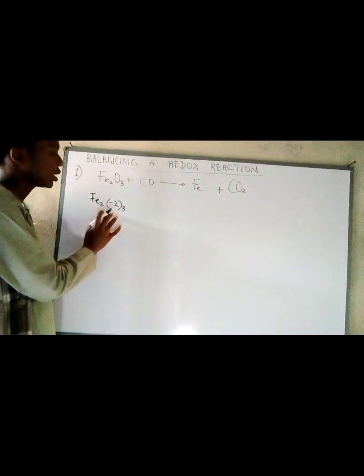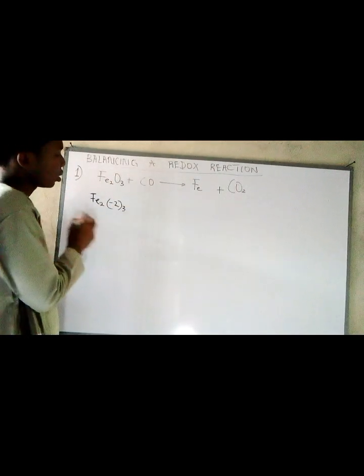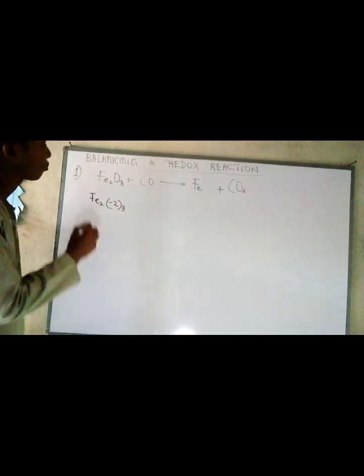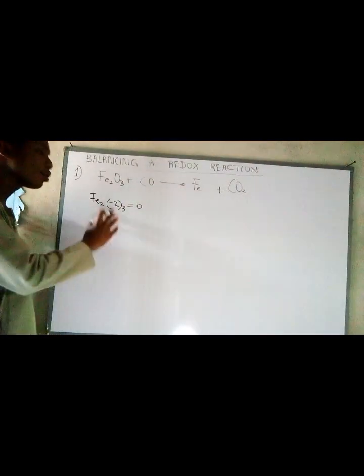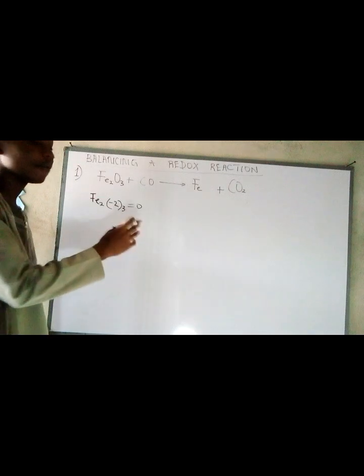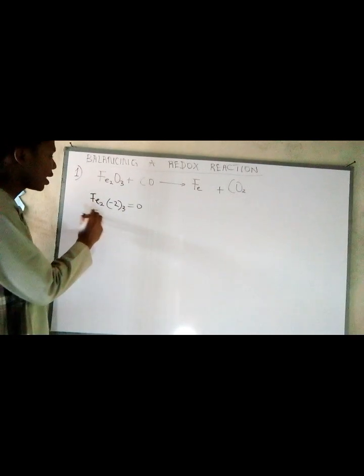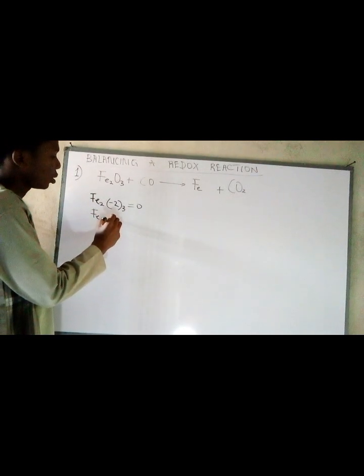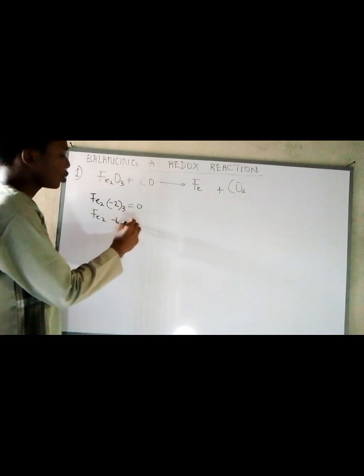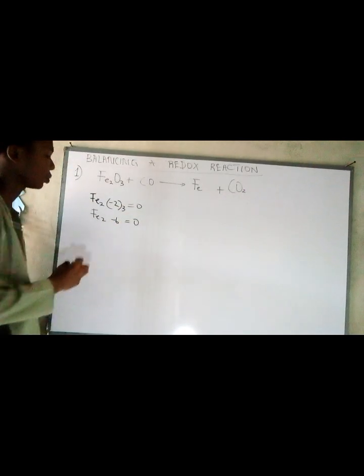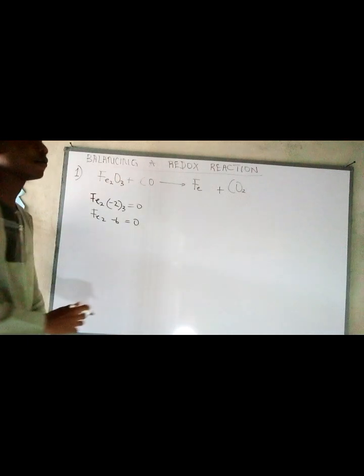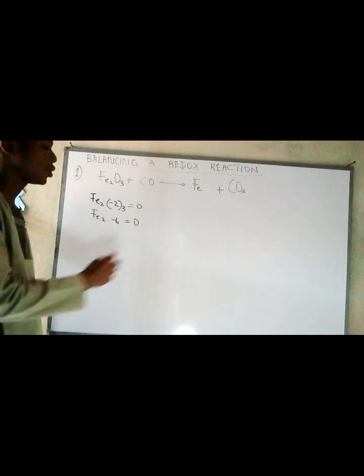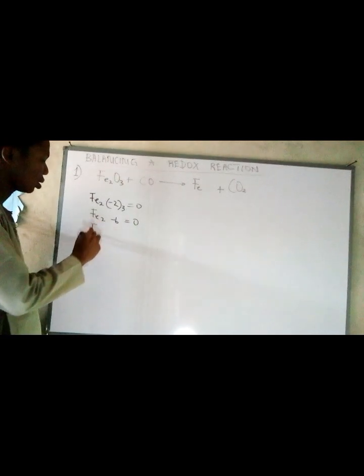This 3 here is affecting this -2, and the sum equals 0. So -2 times 3 will give us what? -6. So Fe2 minus 6 equals 0. If we move this -6 to the other side of the equation, it will give us +6.